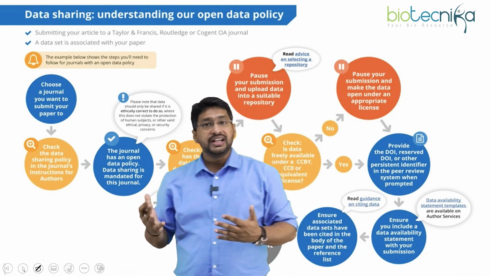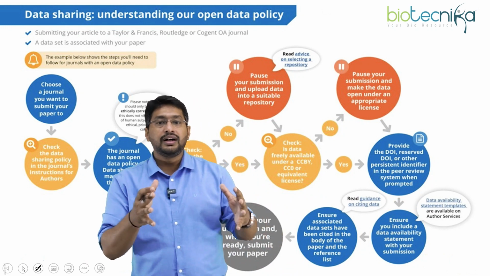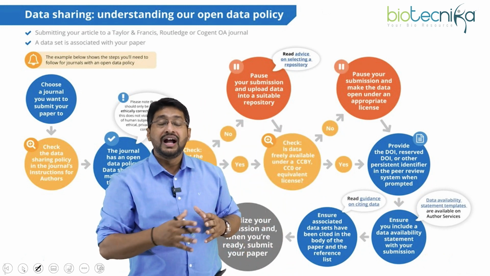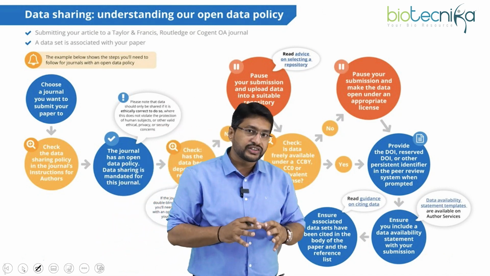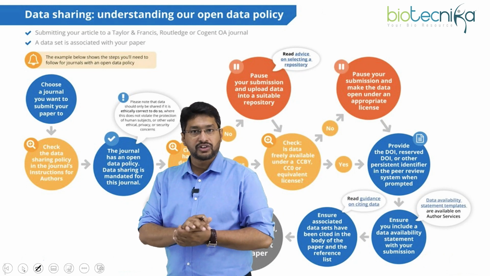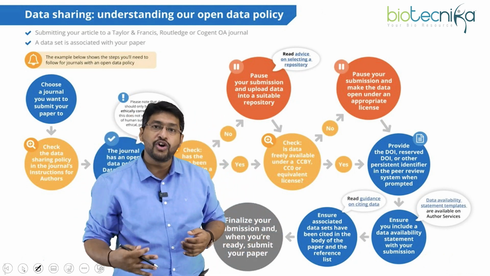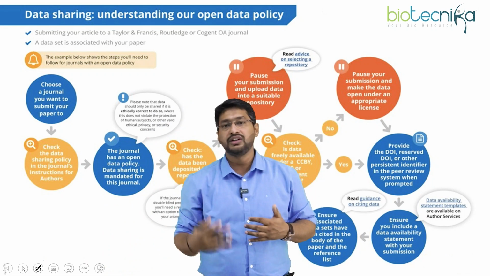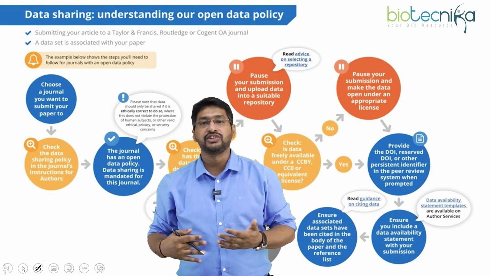Initially, because this is data, and data has to be maintained on the server, this incurs some cost. So initially, the publisher was responsible for incurring this cost, and anybody who wanted to read your article had to pay around $30 or $35 to the publisher, and then they could have access to your article.